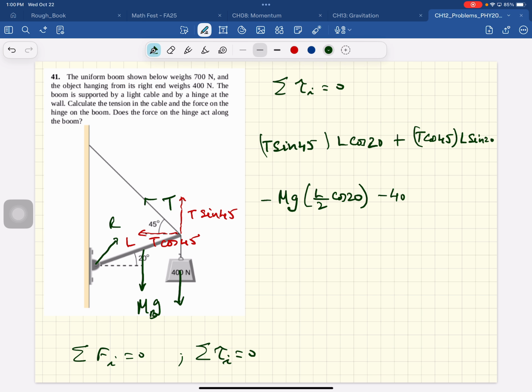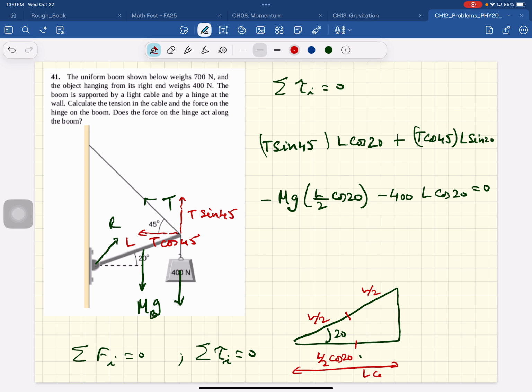Okay, so those are the relevant distances in that diagram. Those are the moment arms, okay?